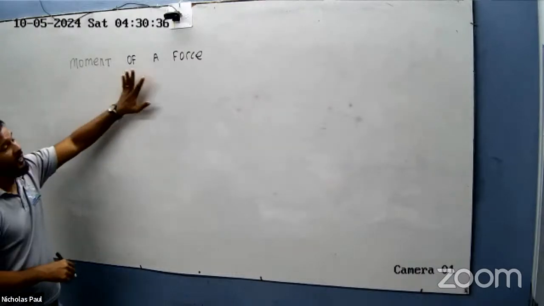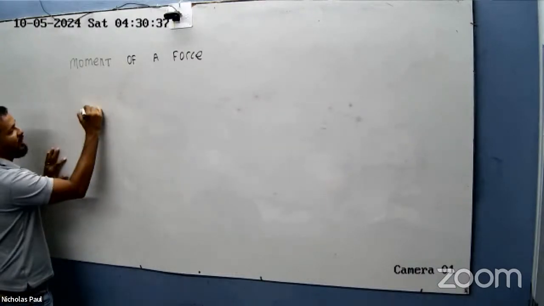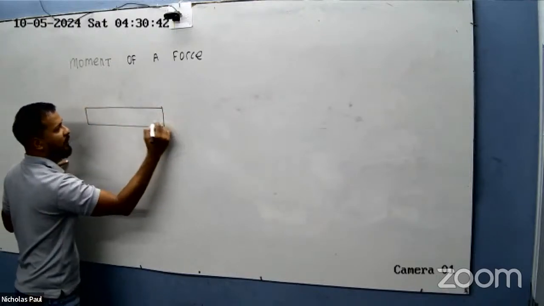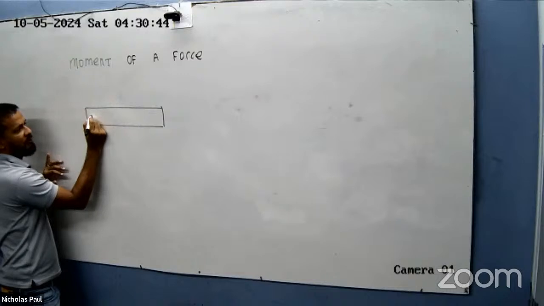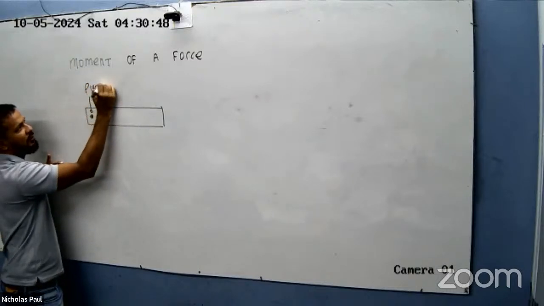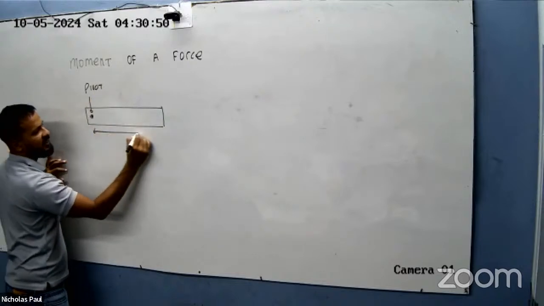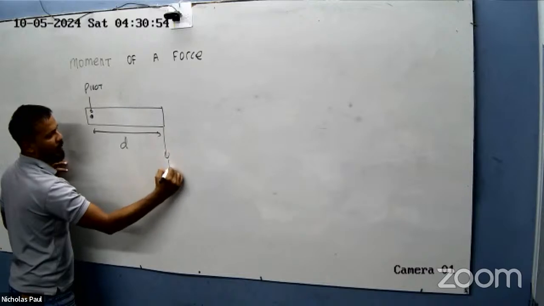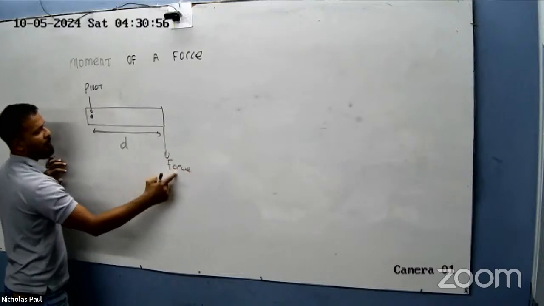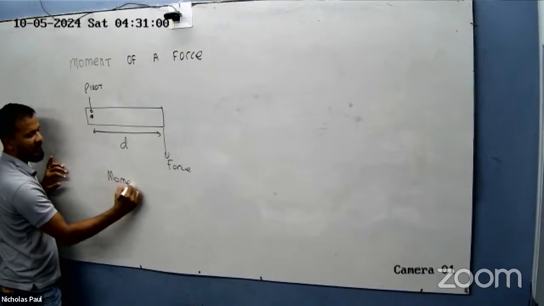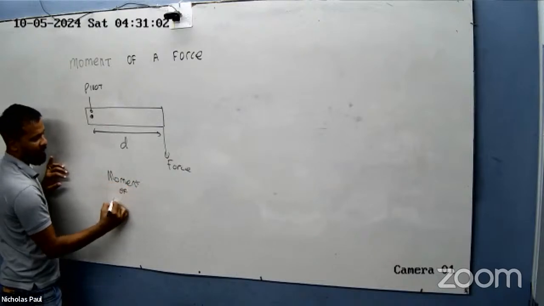So what's the moment of a force? As I was saying, if I give you an object, and here's the pivot, that point there is your pivot. Then the distance between the force and the pivot represents the moment of a force.